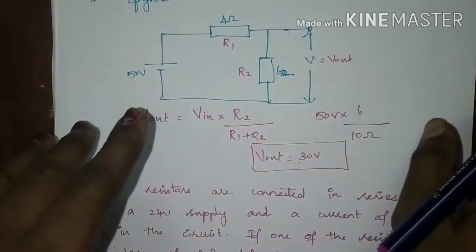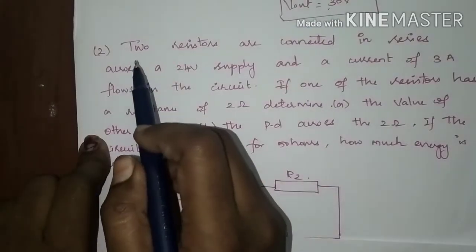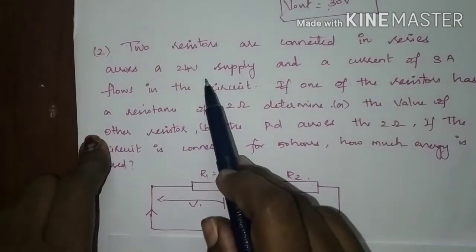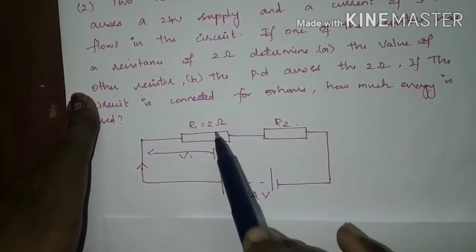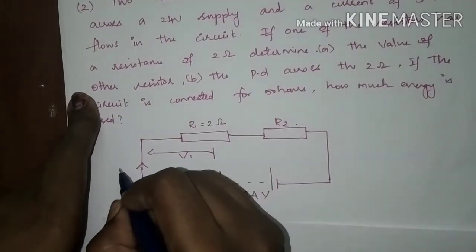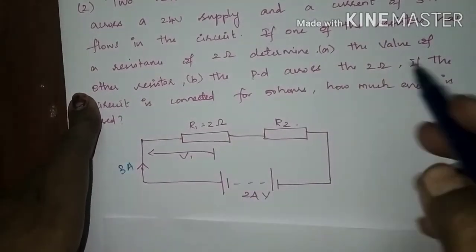Very simple problem. See the second problem. Two resistors are connected in series across a 24 volt supply, and the current flowing through the circuit is 3 ampere.